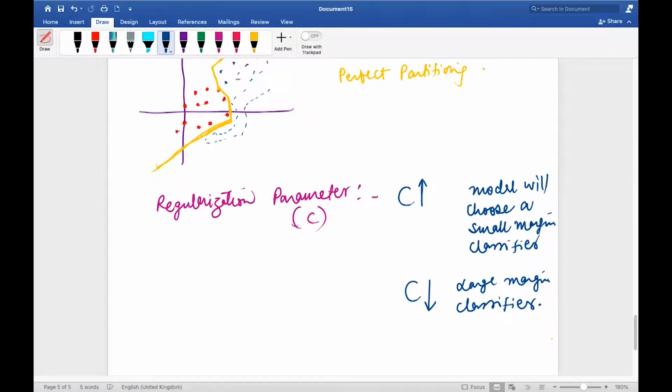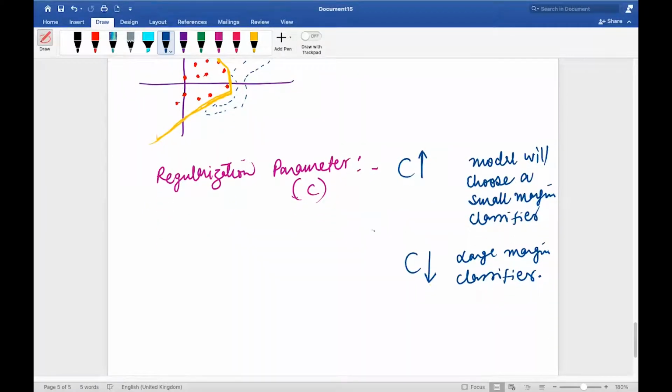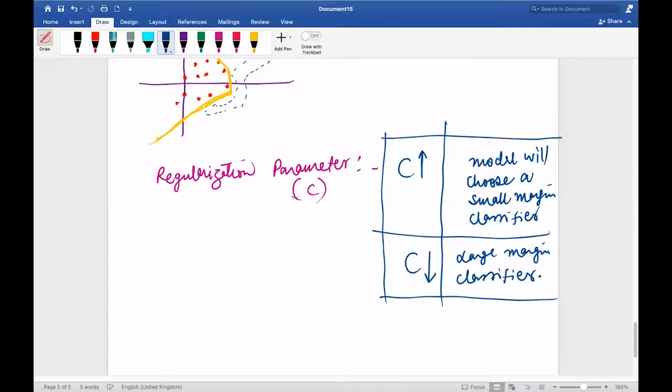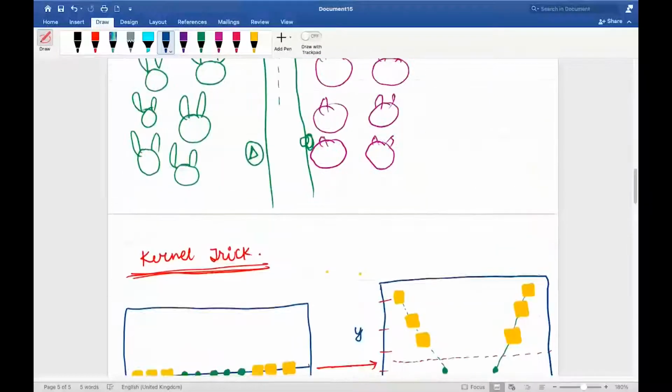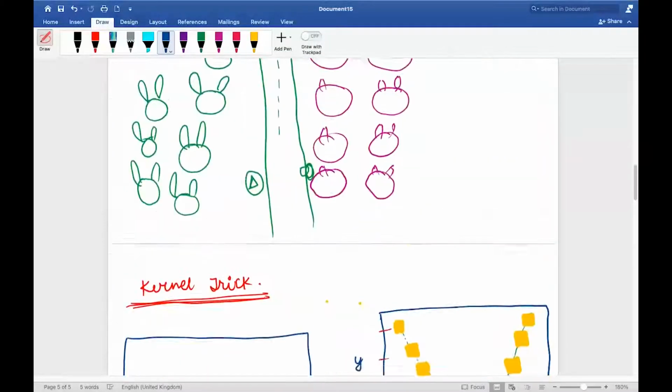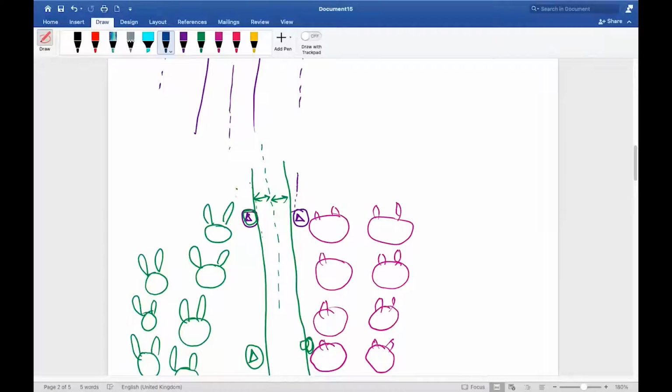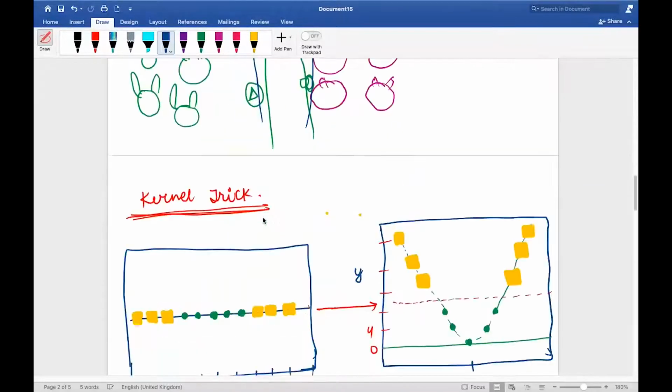Tell me, where will misclassification happen, in large C or small C? Small C. Why? Because we are talking about a large margin classifier. Whenever the value of C is small, we take the margin as bigger. So we may miss some outliers.